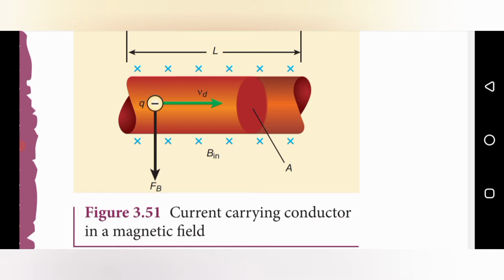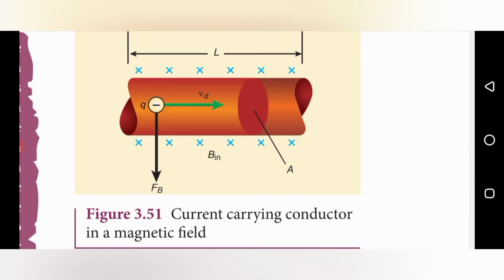Then we find the small force on that element, df. Next, A is the area of the cross section of this wire, I is the current passing through it, and opposite to that, the electrons' drift velocity is also produced.